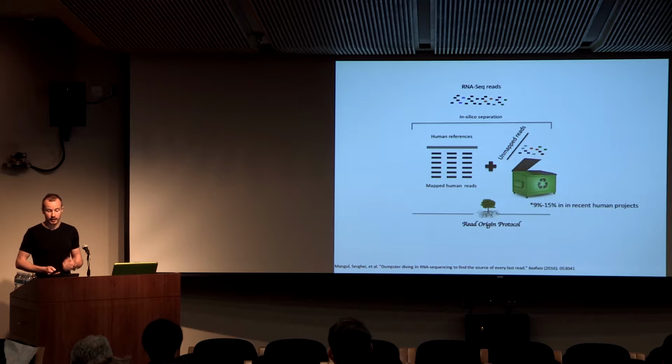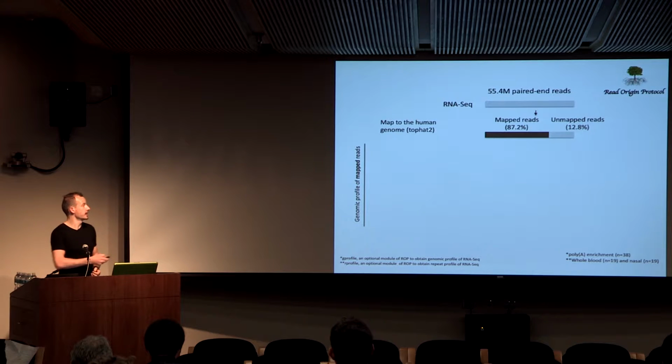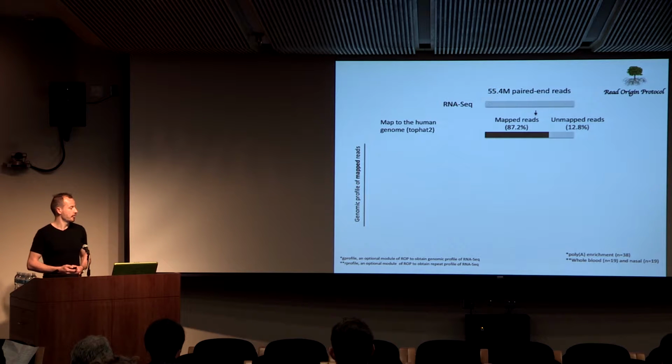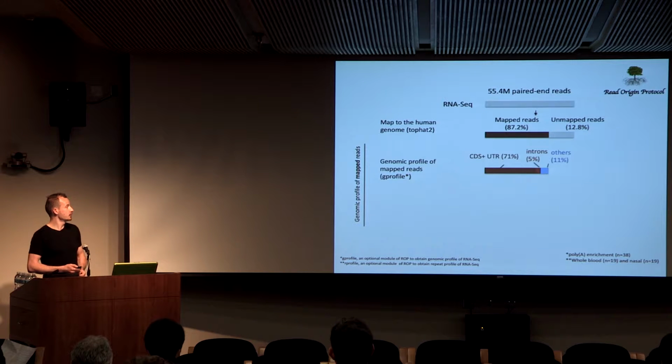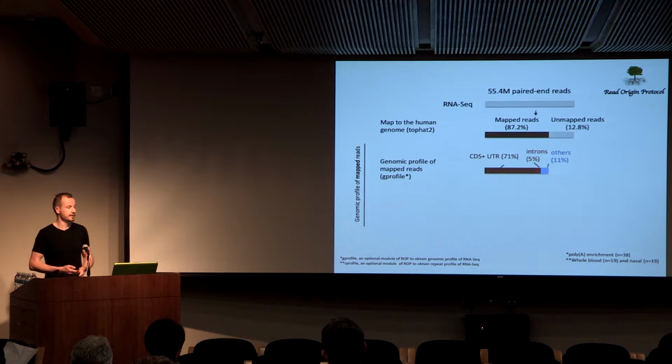The protocol has two modules. First, you have the mapped reads, which account for the majority of the reads in your study, around 90%. The first module is gProfile, which classifies the mapped reads according to genomic features. Given the mapped reads, we can classify them into UTRs, coding regions, introns, and other features.